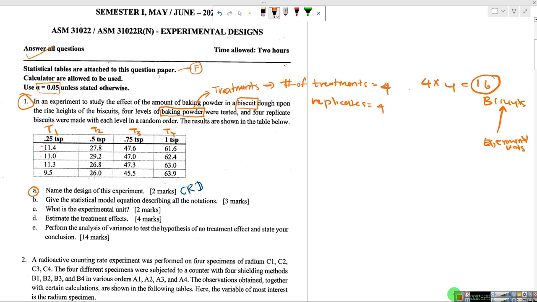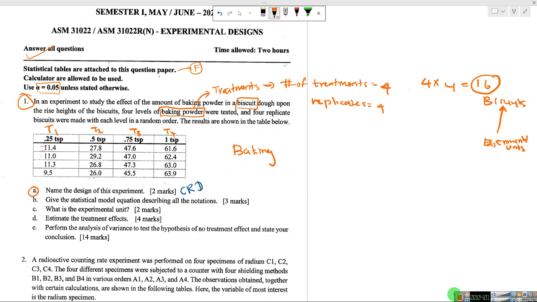We are using 4 levels of baking powder, which means the same baking powder is used, but in different amounts of tablespoon. TSP stands for tablespoon. So this is 1/4 tablespoon, this is half tablespoon, this is 3/4 tablespoon, and this is 1 tablespoon.